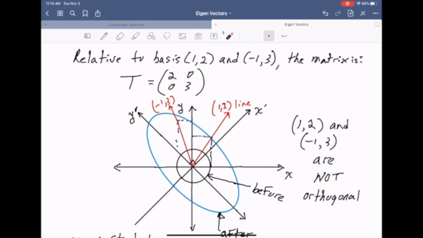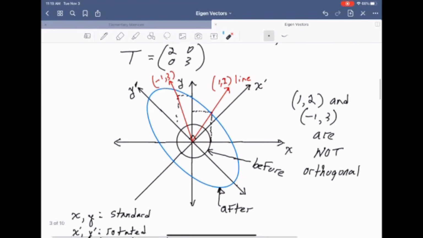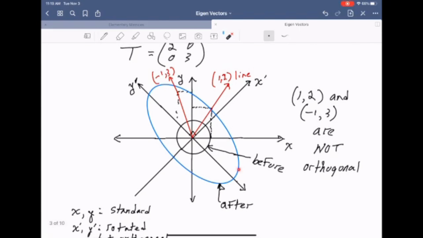But notice that these are not orthogonal. Here's your orthogonal, given by that little square. And what we're doing now is stretching along this particular direction. We do a transformation of the xy coordinate system to x', y', where x' is still orthogonal to y'.